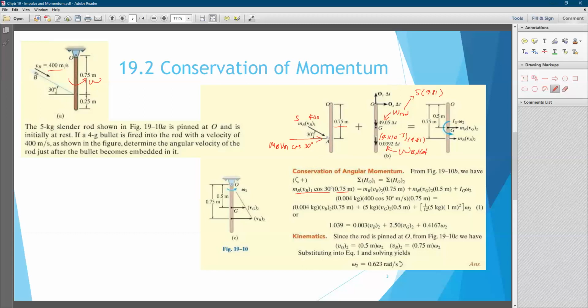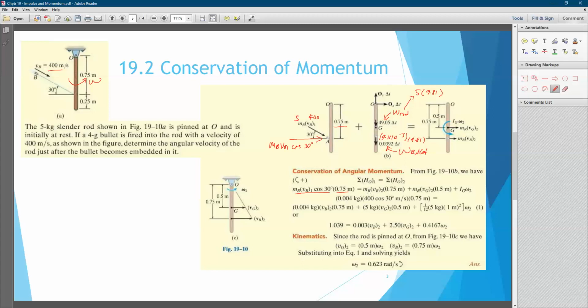And then what we will have after the impact is the rod and also the bullet. For the bullet, it will stick here, right?